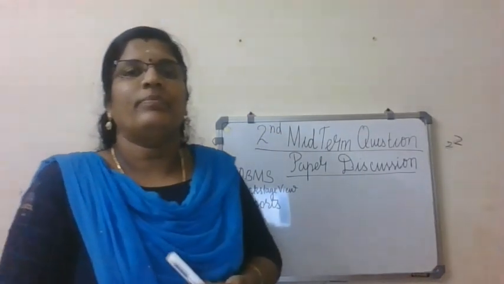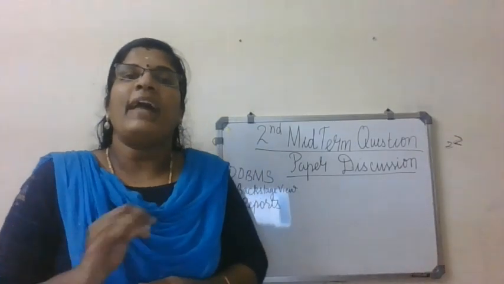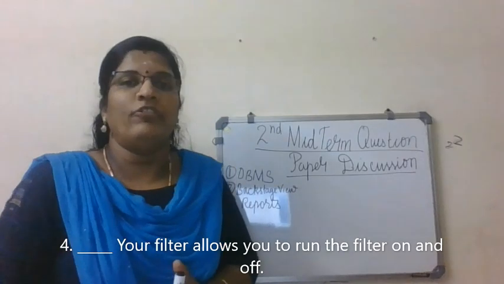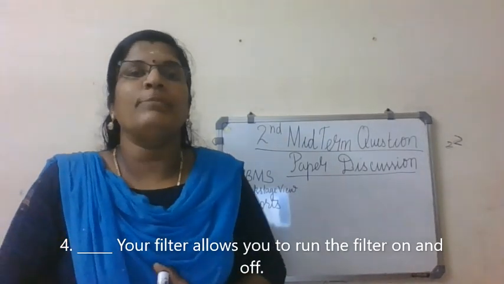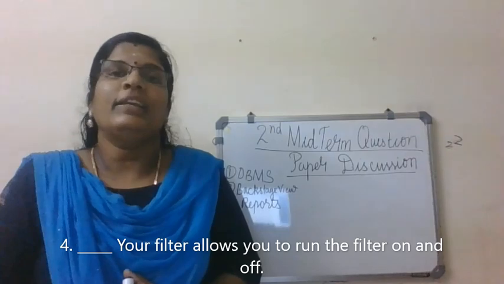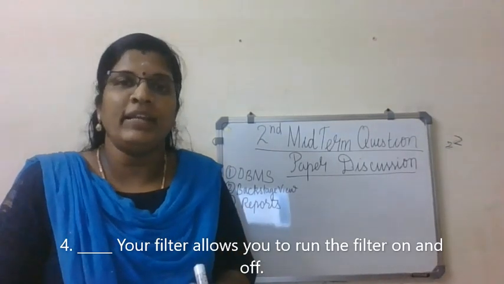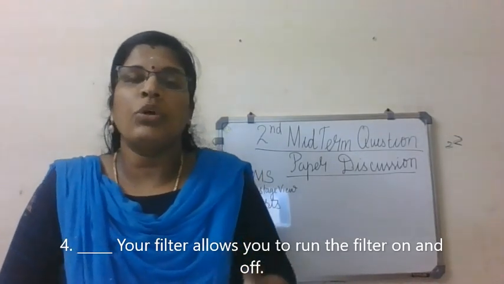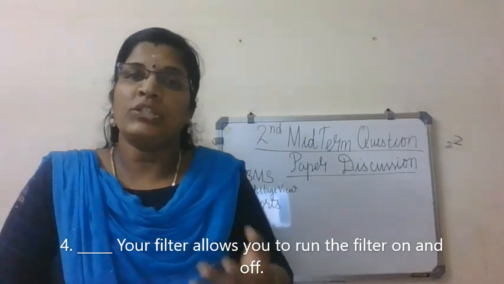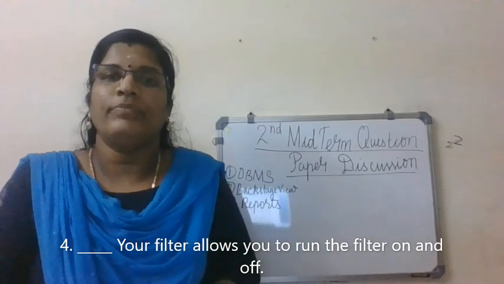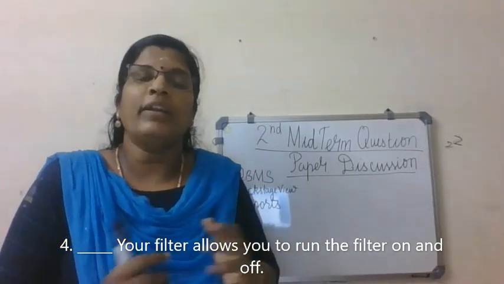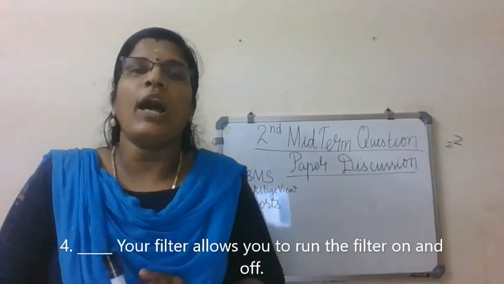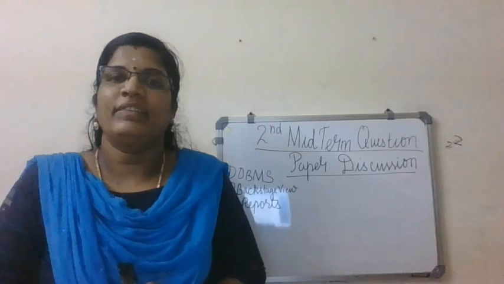Got it? Next one: dash your filter allows you to turn the filter on and off. First you should know what a filter means. You have a database and you are filtering a sort of data, maybe based on date of birth or marks. For example, you have 10 records and you filter data for those who scored above 80 percentage.